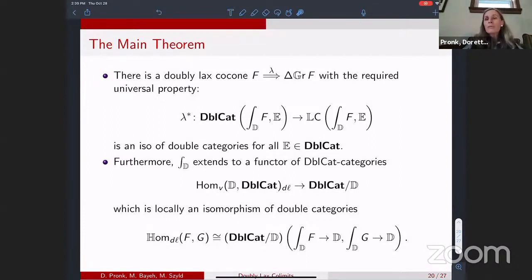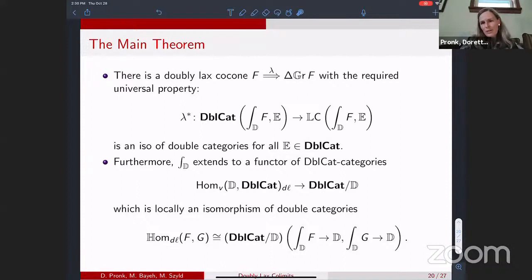And furthermore, also in the interest of finding the fibration properties and everything else, we get that this functor also extends to a functor of double categories, the DblCat category, sorry, be careful. They're from taking the vertical double functors from D to DblCat with the doubly lax transformations between them.